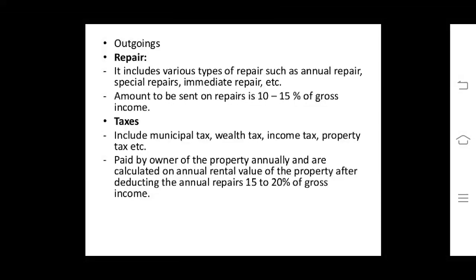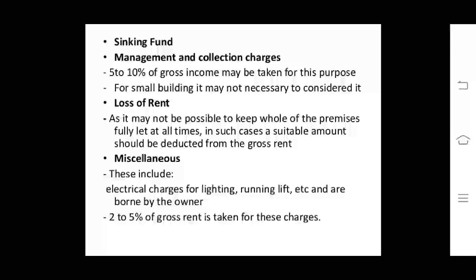The second outgoing is taxes. These include municipal tax, wealth tax, income tax, and property tax paid by the owner of the property annually, and are calculated on the annual rental value of the property after deducting the annual repairs, up to 15 to 20% of gross income.